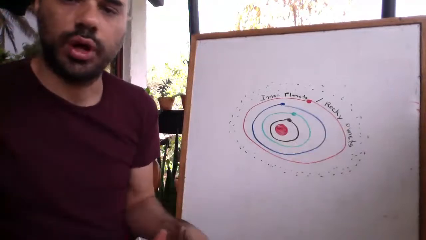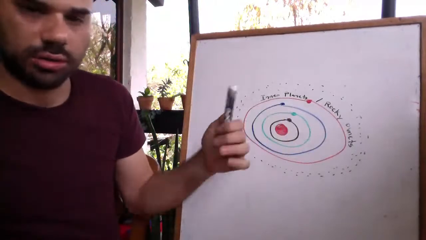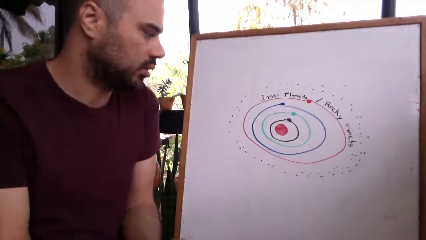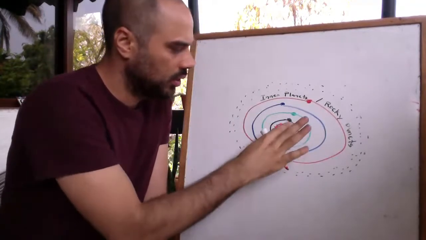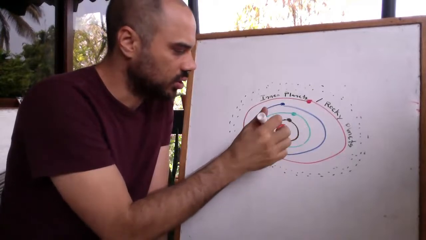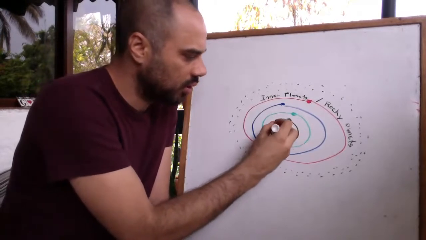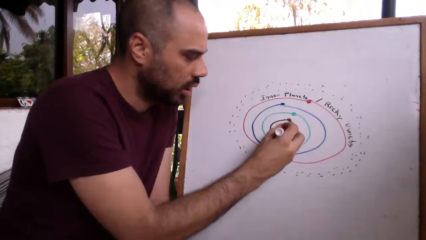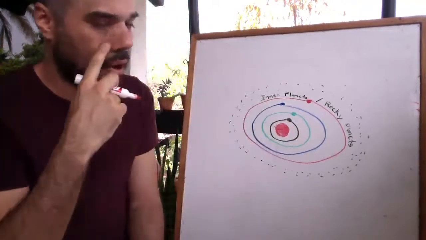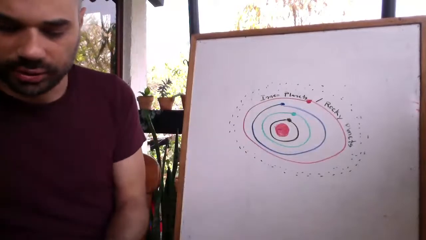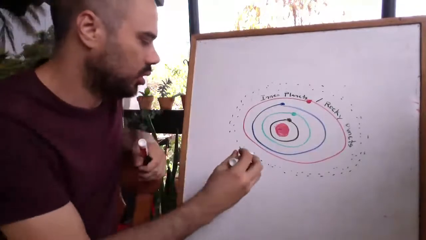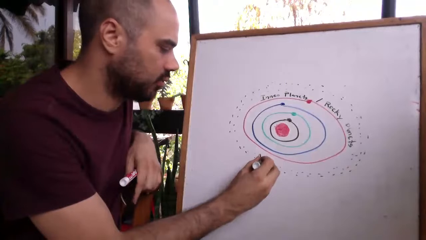Because they are solid. These planets are made of rock. And remember that this is the sun. Actually, the sun is more a circle, so it's better if we keep it a circle, a sphere. Okay. Then we have the asteroid belt, as we mentioned before. So let's label this the asteroid belt.